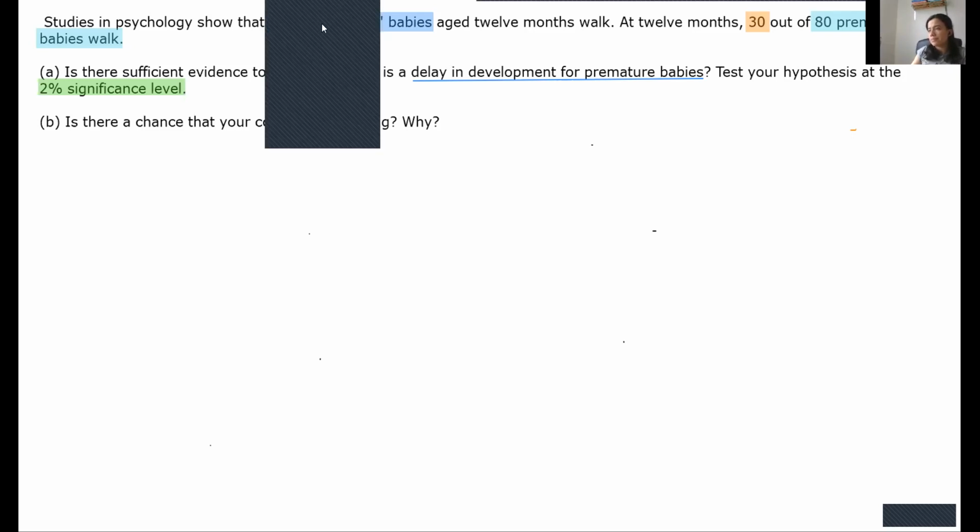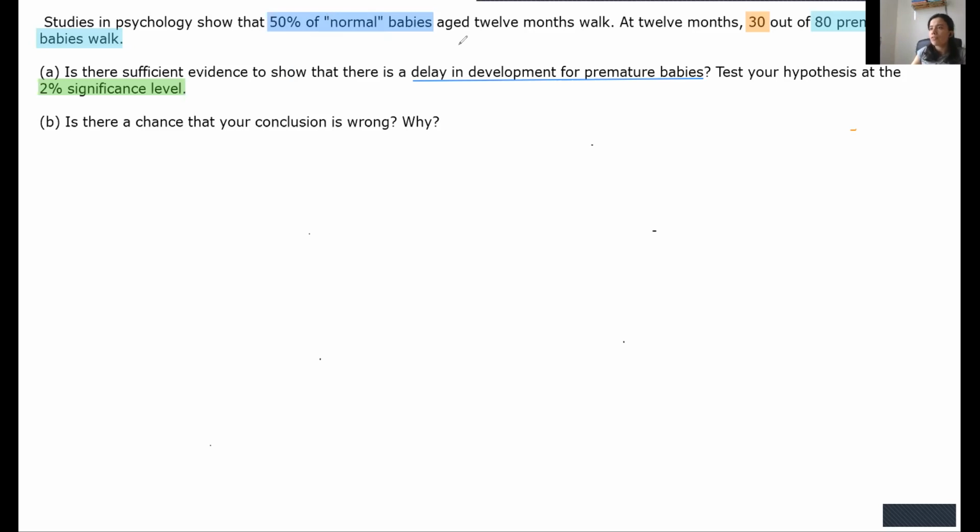So the first thing is I have 50% of normal babies walk. Okay, so this is apparently something that we know, something that is known. Then if we think about the actual sample that we have, the sample that we have is 80, right? So 80 premature babies. My sample is a sample of premature babies, and I have n equal to 80 in that sample.